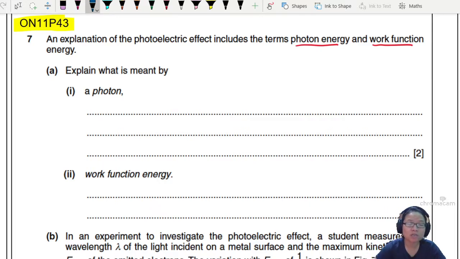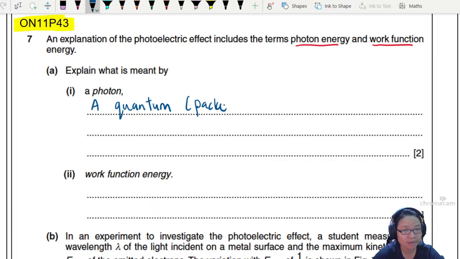It's not too long. A photon here is a light particle. We call it a particle because the energy is concentrated in a ball. We can call this a quantum, or maybe a packet of energy of electromagnetic radiation.